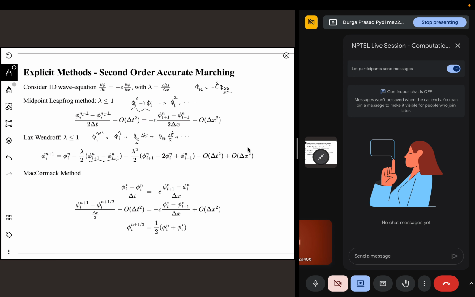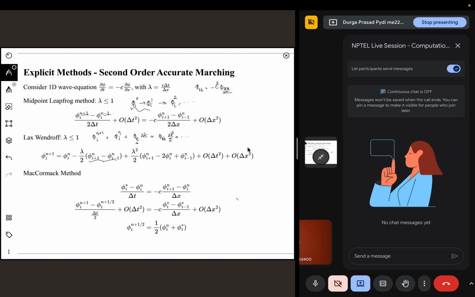The last method is MacCormack. Here, in order to update to n plus 1, we go through an intermediate step. This is very similar to what we did for forward time, forward space. Instead of taking this value directly as n plus 1, we keep a temporary step.